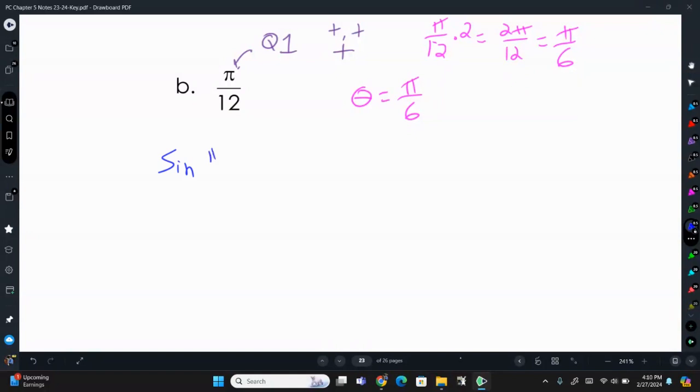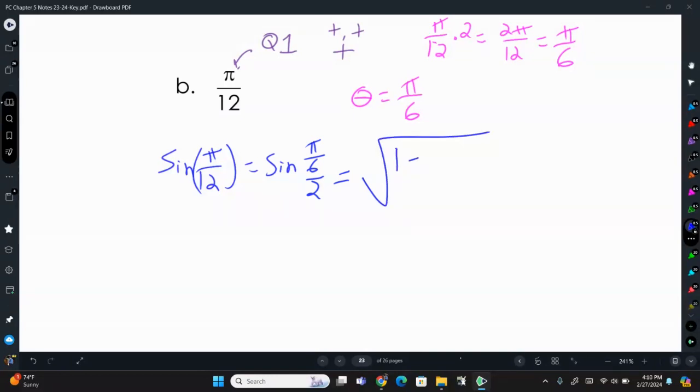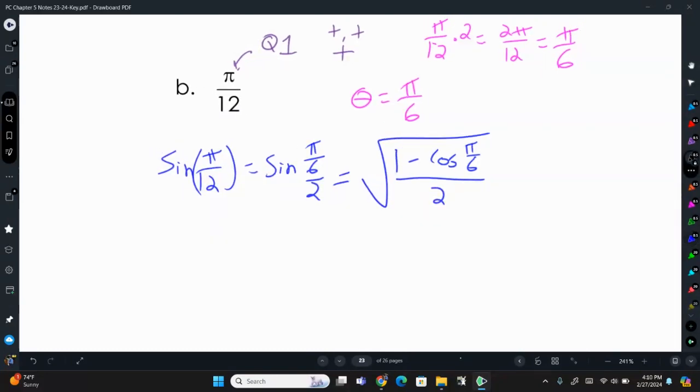So the sine of pi over 12, which is equal to the sine of pi over 6 divided by 2, is equal to the sine formula. We're in quadrant 1, so we need to worry about the positives. The square root of 1 minus the cosine of pi over 6 over 2. Well, the cosine of pi over 6 is the square root of 3 over 2.